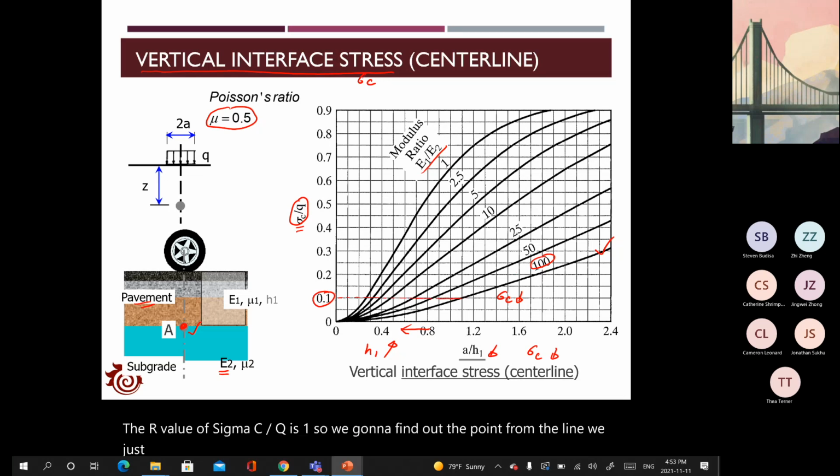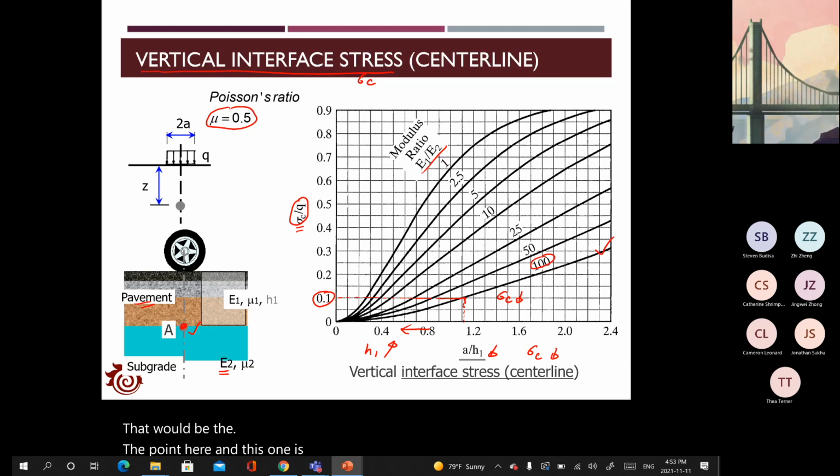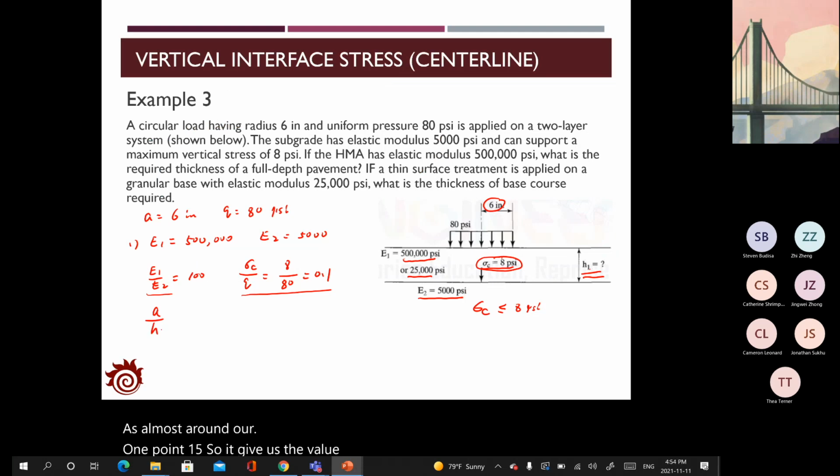That would be the point here, and this one is almost around 1.15. So it gives us the value of A divided by H1 equal to 1.15. And we know the value of A is 6.